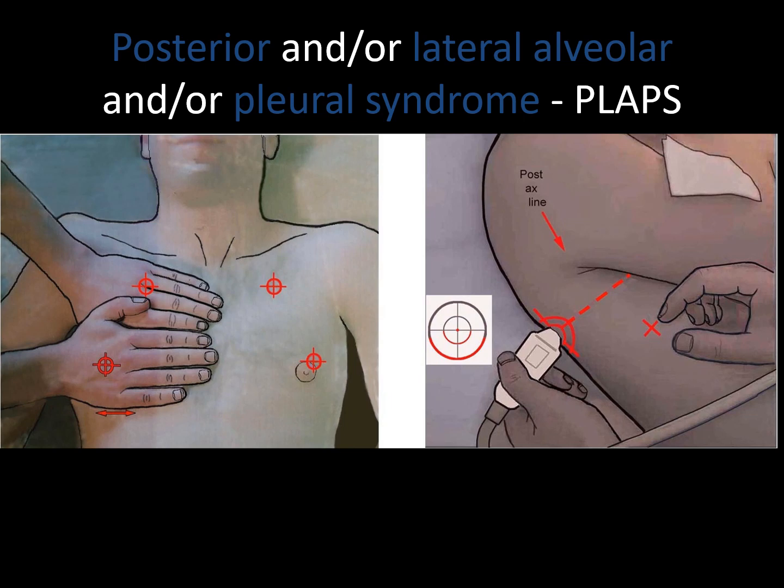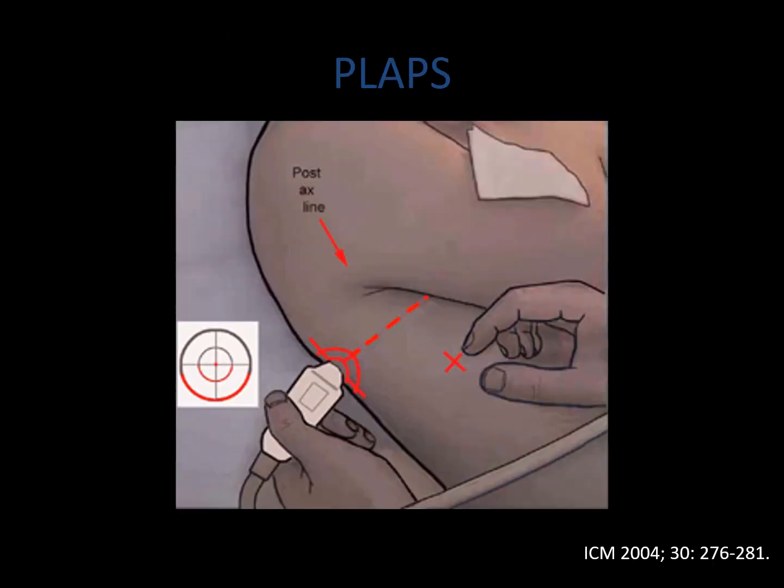The point is located at the intersection of the posterior axillary line and the continuation of the lower blue point. It detects the huge majority of both small and large pleural effusions and 90% of acute alveolar consolidation in critically ill patients. It locates to the lower lobes.